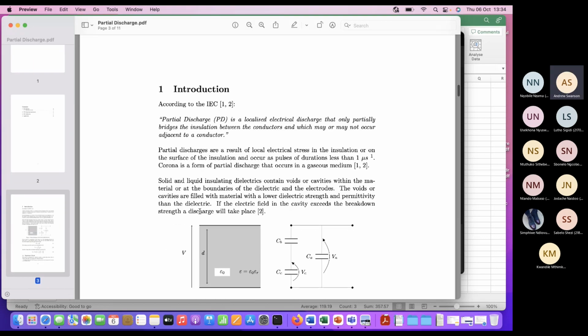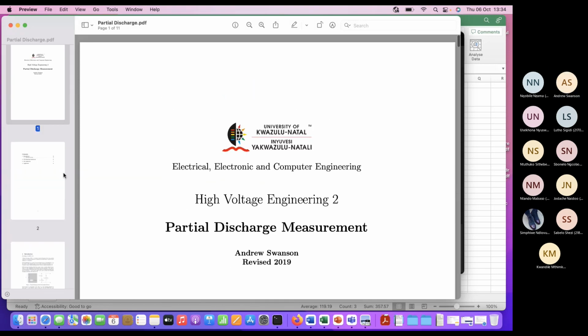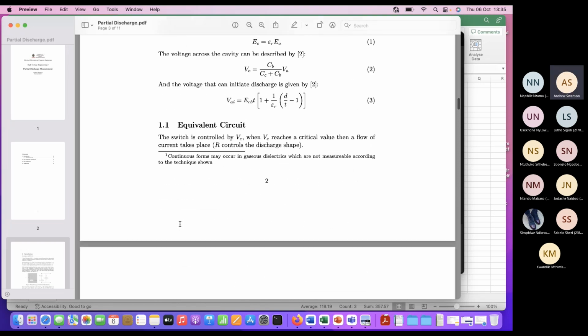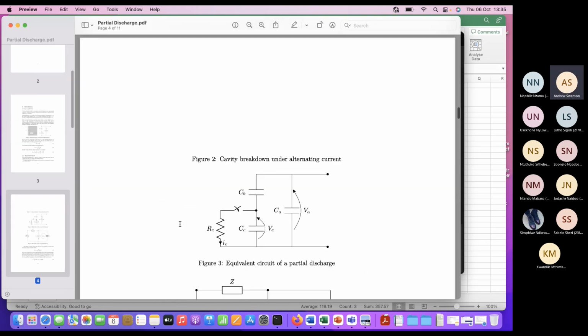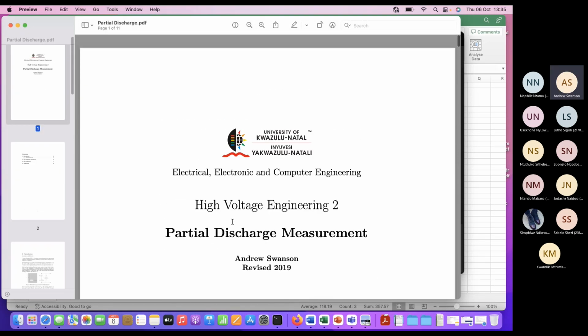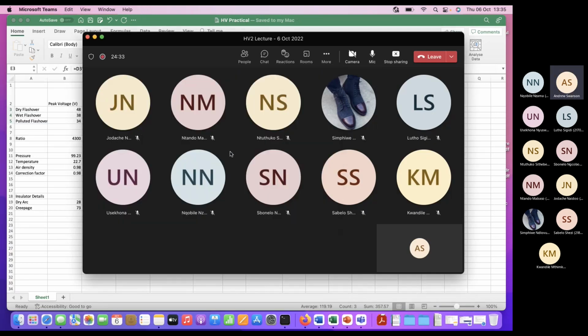Right, so we'll actually not start this today, but you can start going through the course notes, and I will go through this on Monday, as well as set some sort of assignment for the last component. It'll be about partial discharge itself.